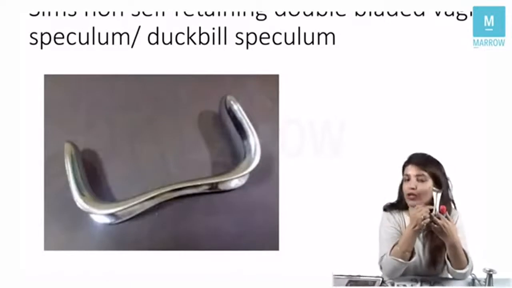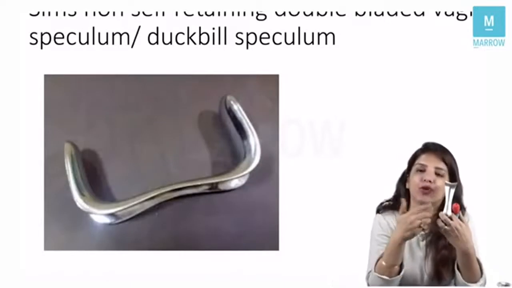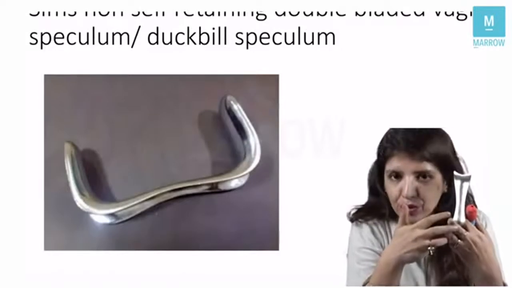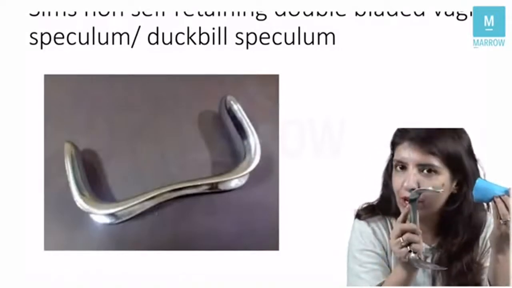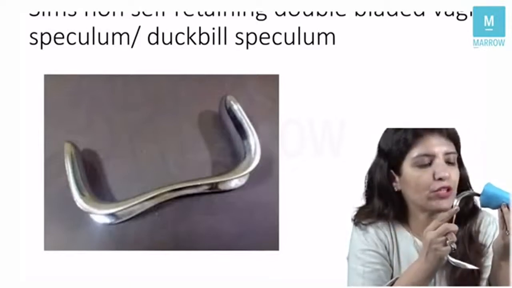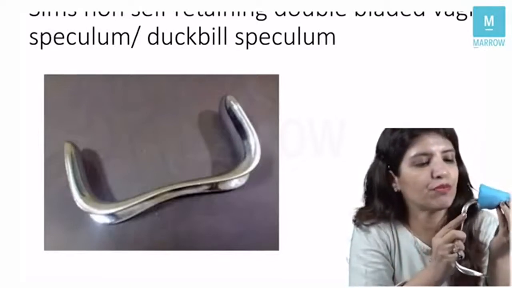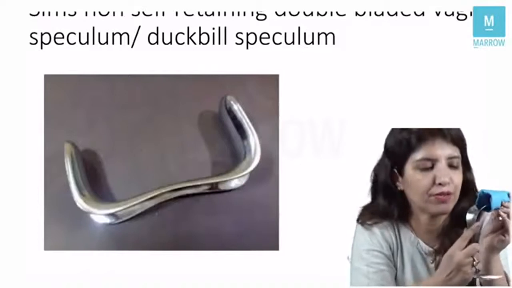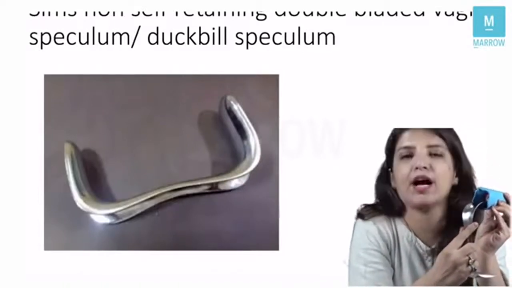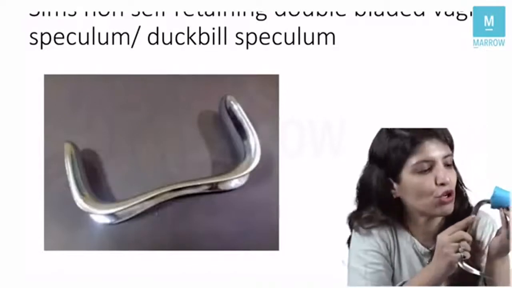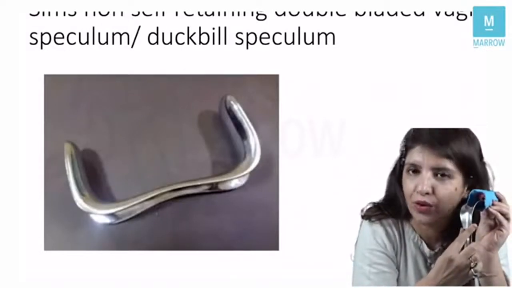This groove is for the drainage of any discharge. Now, this is a posterior vaginal wall retractor, so I am going to retract the posterior vaginal wall with it like this. Since it is non-self-retaining, I will need an assistant to hold it, right?